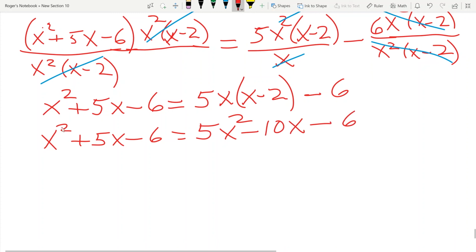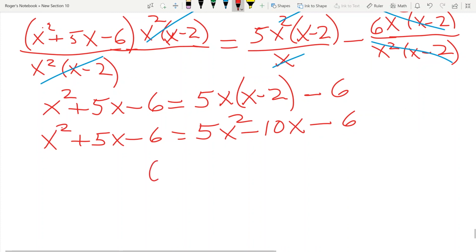Now we collect all of our terms, and we can take them all to the right if you like, or we could take them all to the left. I prefer taking them to the right so that we don't have the negative x squared. Whatever suits you, really doesn't matter.